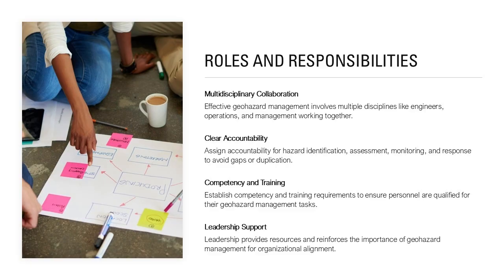Interfaces between teams should be clearly defined to avoid gaps or duplication. Competency and training requirements should be established to ensure personnel are qualified to perform assigned tasks. Leadership support is critical to provide resources and reinforce the importance of geohazard management. This slide explains how clear roles and responsibilities contribute to program effectiveness and organizational alignment.